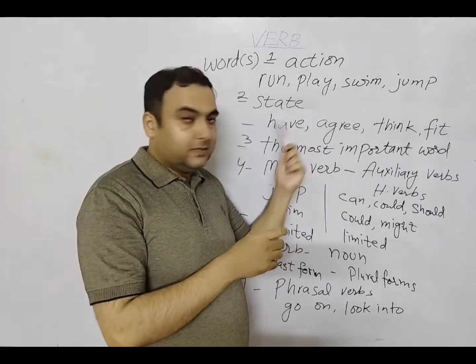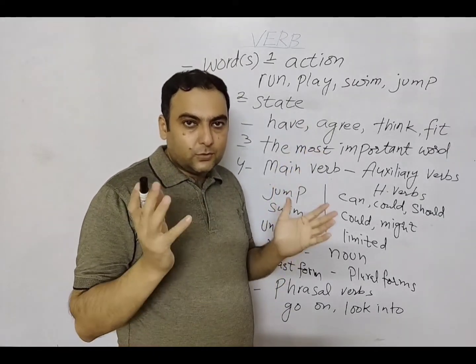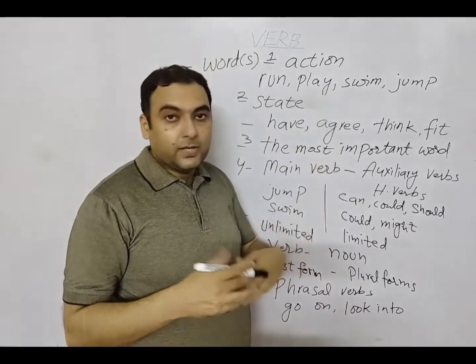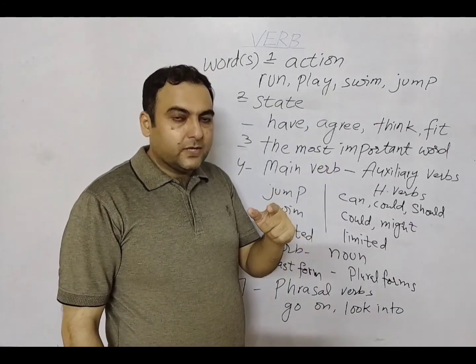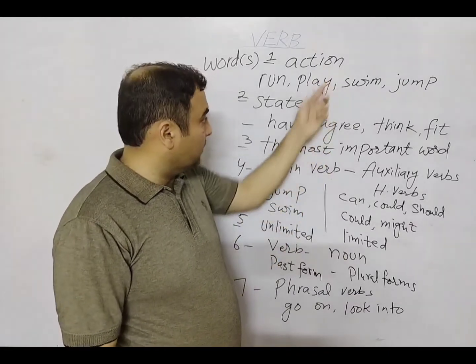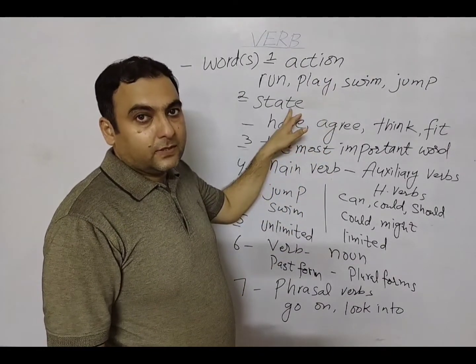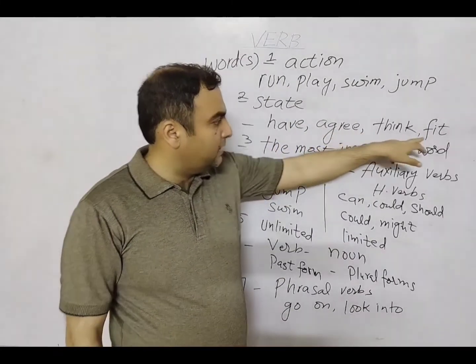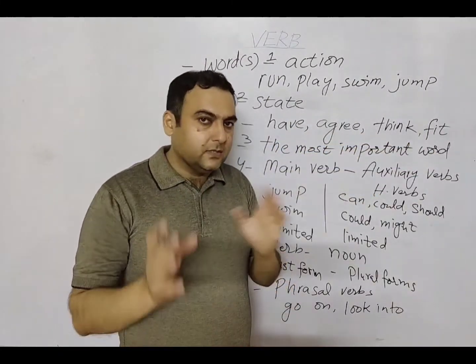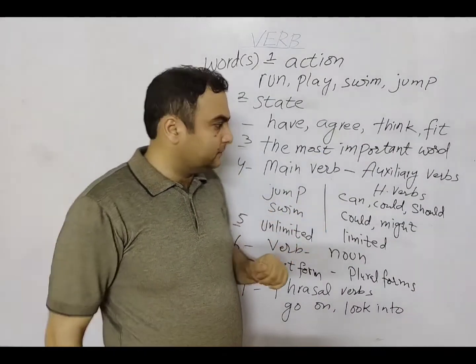I am writing, this is action. So read, write, jump, play, swim, they are all action verbs. So verbs can show either action or states. So state verbs are have, agree, think, fit, for example. These verbs are state verbs.